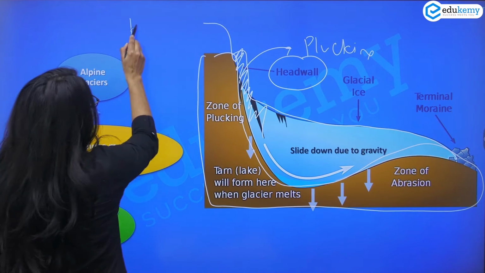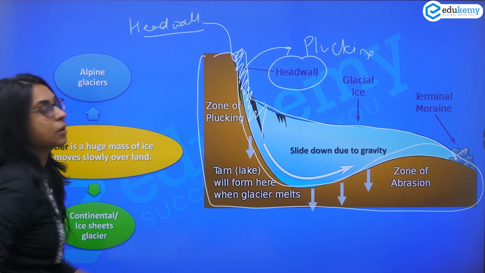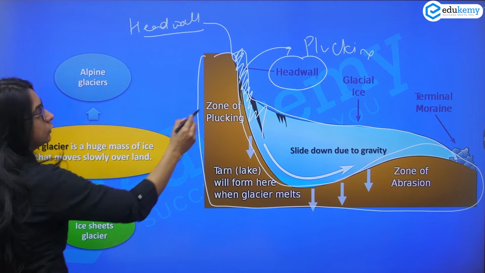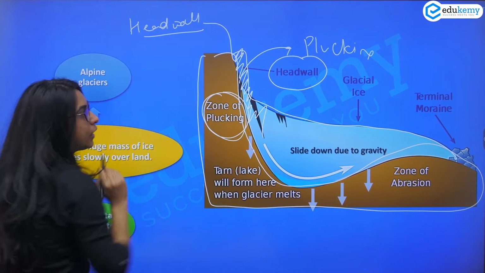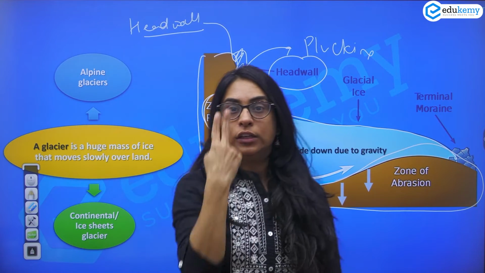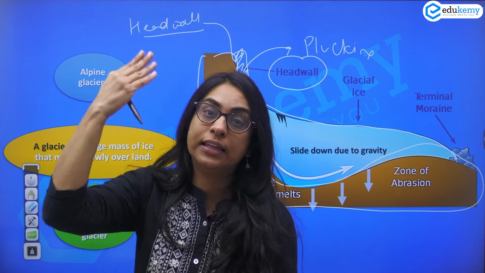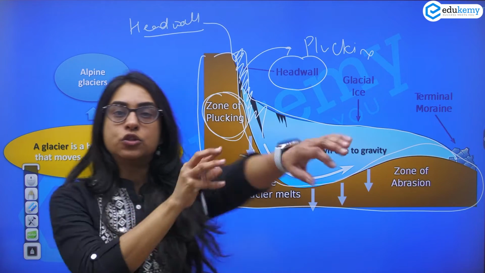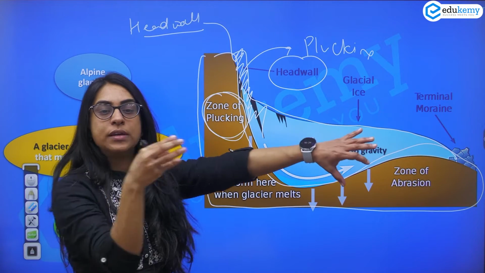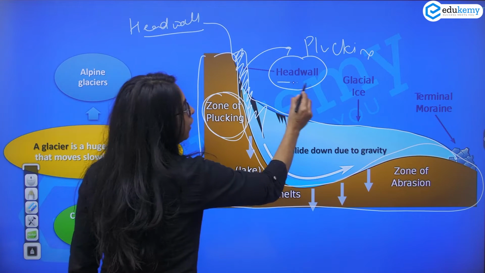So this is the zone of plucking. Plucking is generally seen along the head wall. Like we know, the deep vertical erosion by the river is at the steep. Similarly, the zone of plucking, wherein the individual pieces are frozen and torn out, is along the head wall.